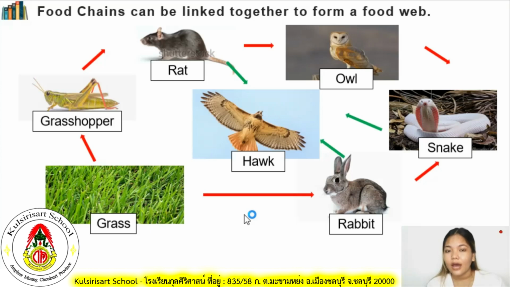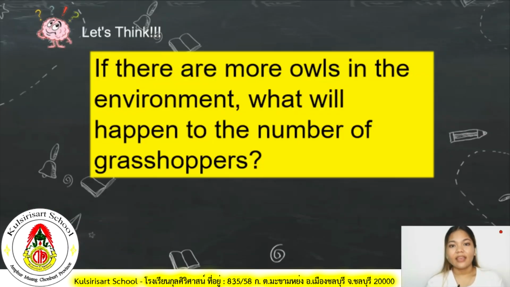It is made out of 2 or more food chains. Now let's think. If there are more owls in the environment, what will happen to the number of grasshoppers? I want you to do research on this one and answer it during our Zoom meeting.